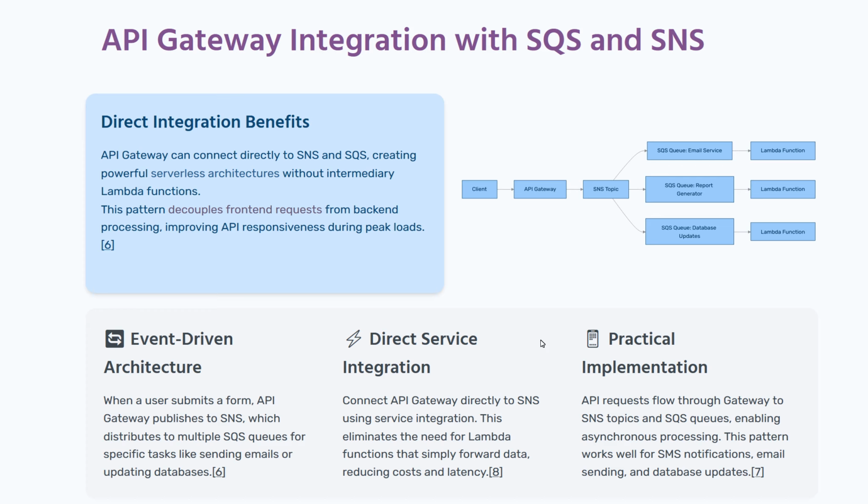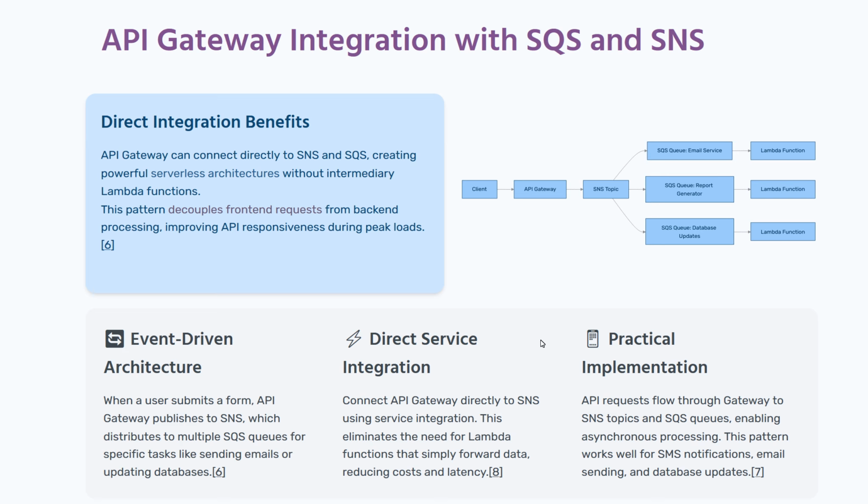Direct integration benefits: API Gateway can connect directly to SNS and SQS, creating powerful serverless architecture without intermediary Lambda functions. The pattern decouples front-end requests from backend processing, improving API responsiveness during peak loads, right?